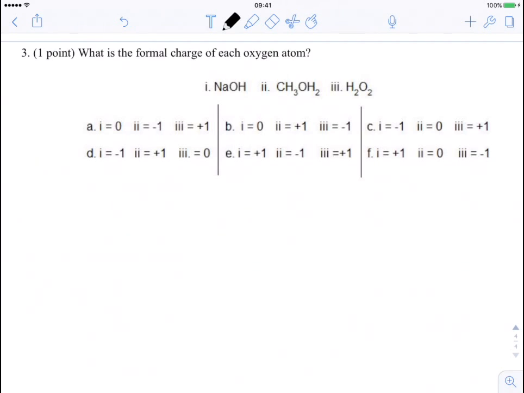Let's try with one more example here. So you're going to want to draw out your structures. If we want to do these of the oxygens, you have your formal charge of your first oxygen.